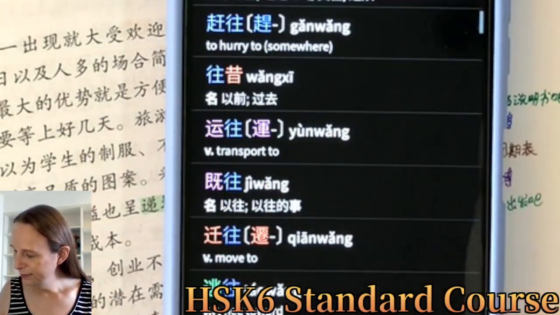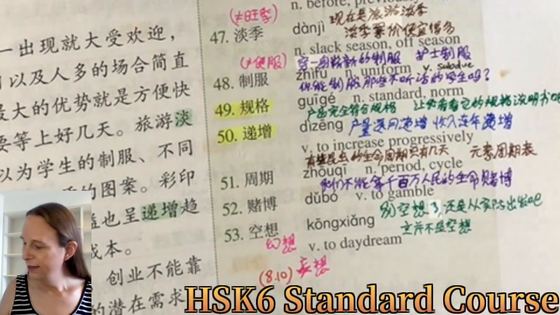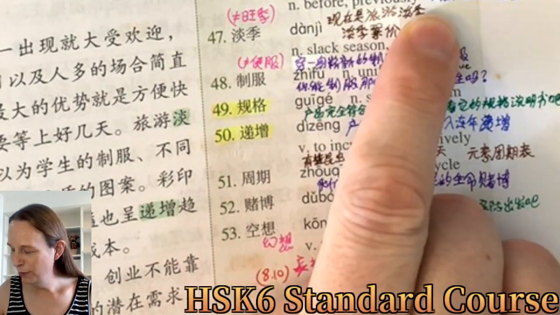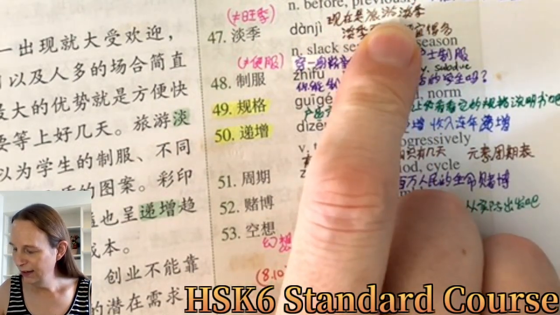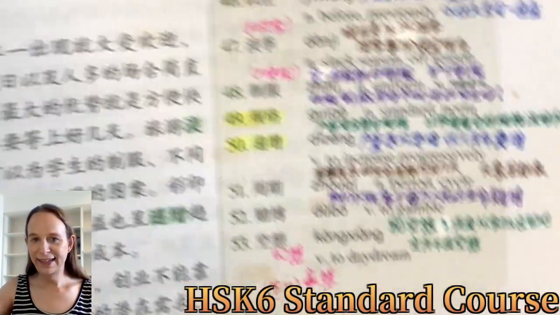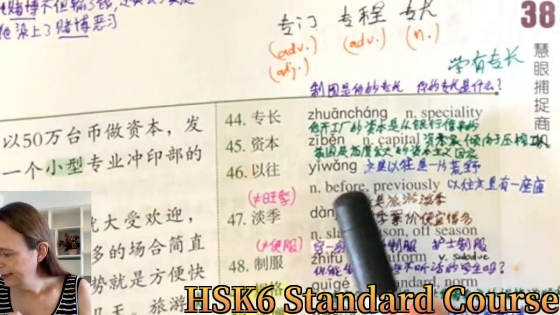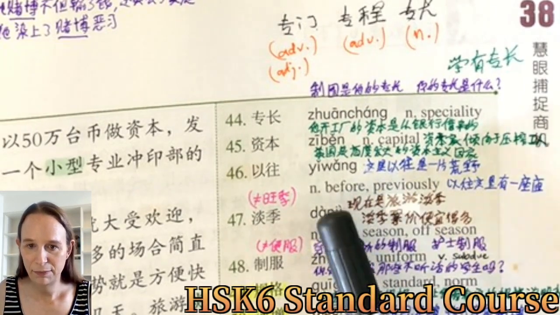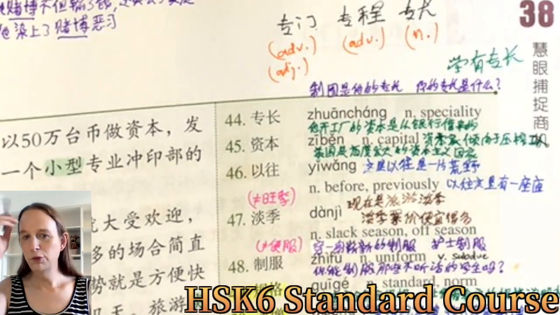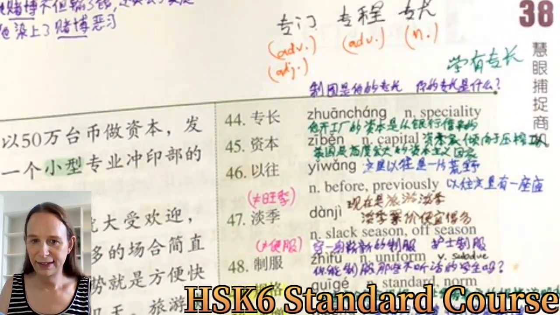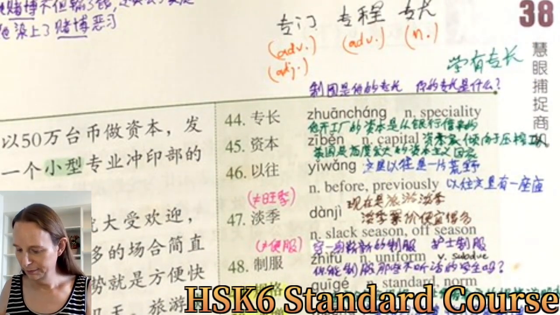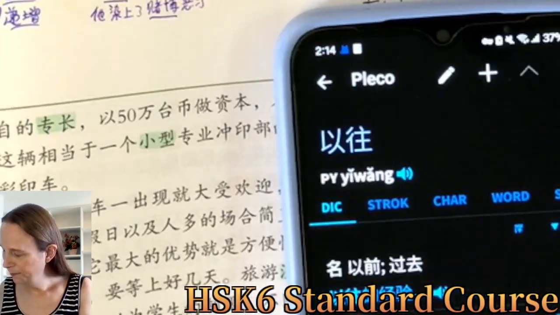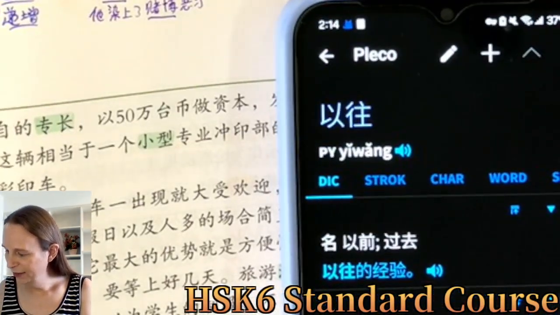All right. So here, 以往. So this is a noun, before, previously. Previously is an adverb, right? Before. I'm not sure. Maybe it counts as a noun in English. 以往. 以前, 过去.